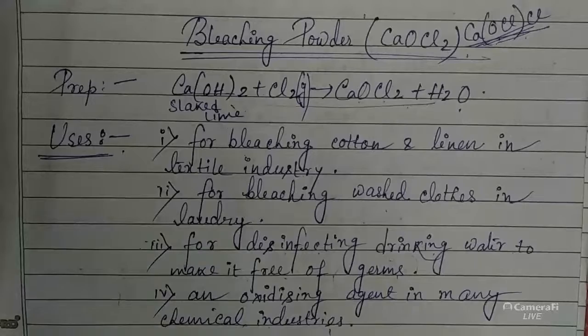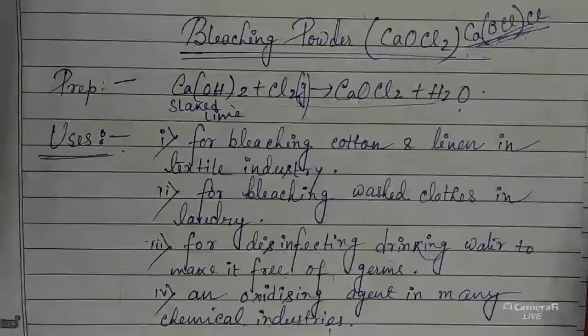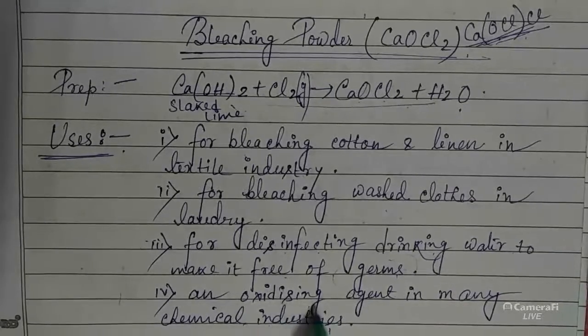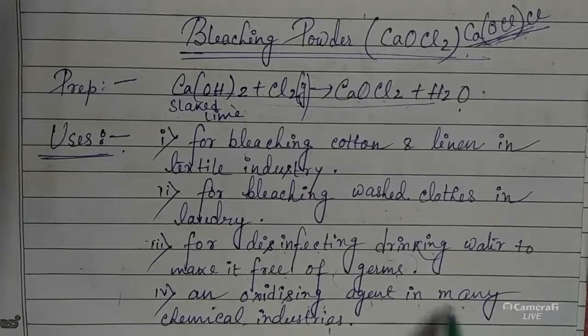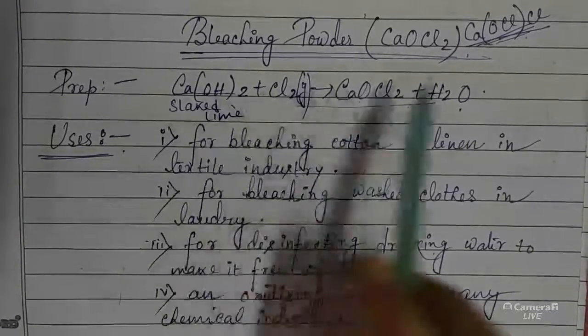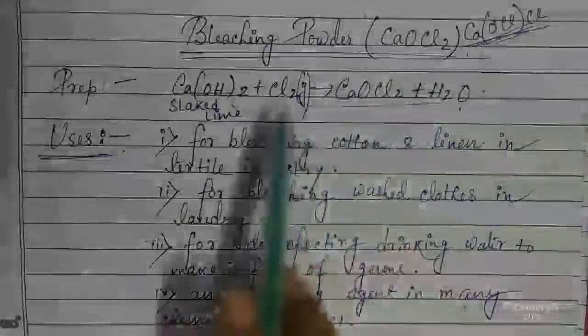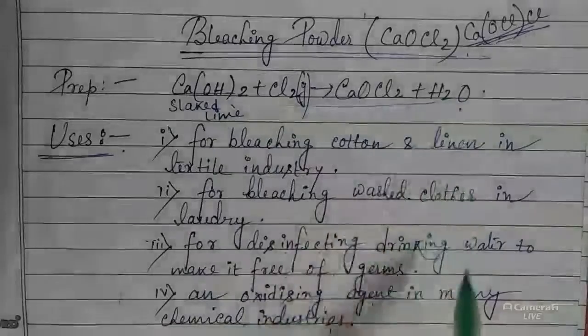Of course for disinfecting drinking water to make it free from germs we can use the bleaching powder, as well as it acts as an oxidizing agent in many chemical industries. So these are the total properties, uses and preparation of the bleaching powder.